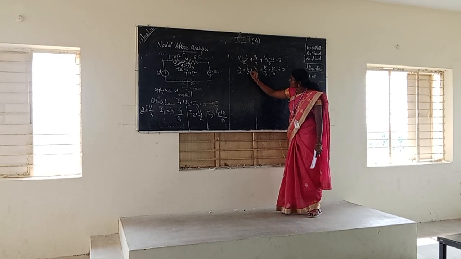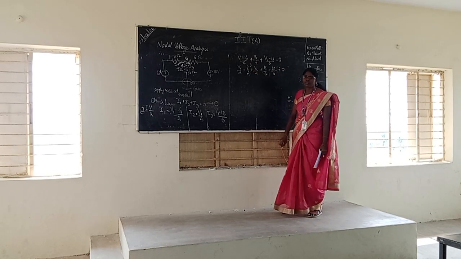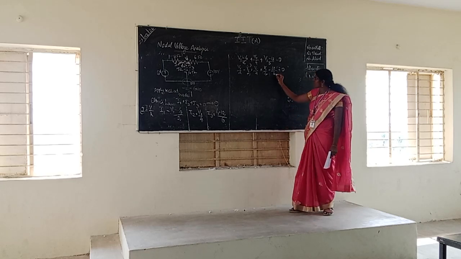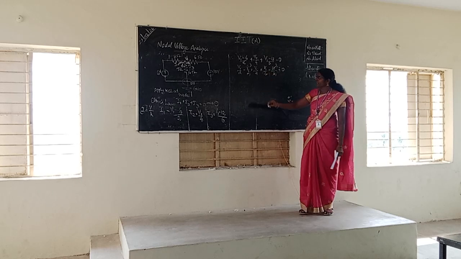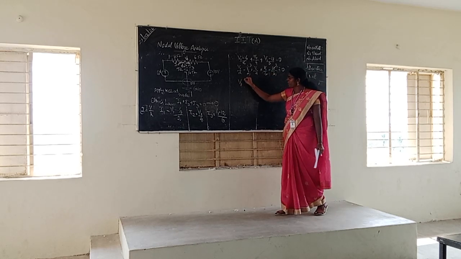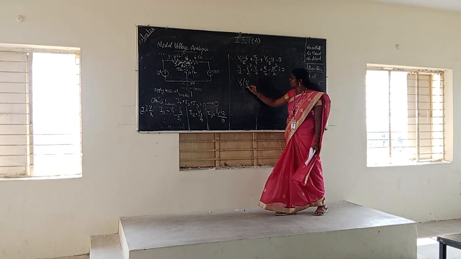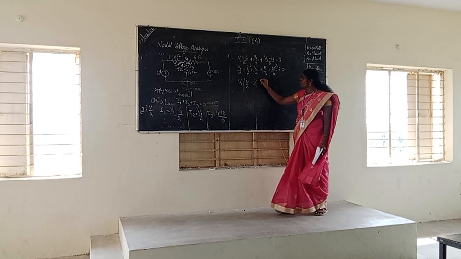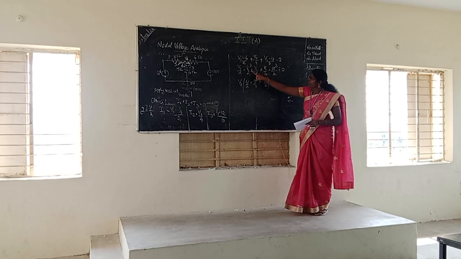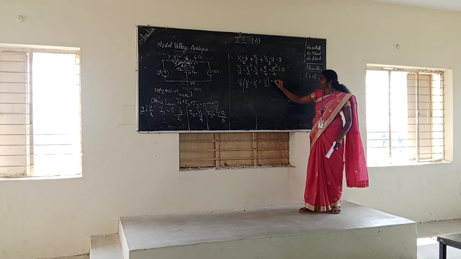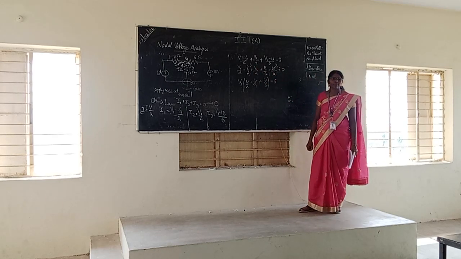What are you going to do? 1, 2, 3. The numerators we are going to cancel, and I can take all the V1 as common. So it is V1 times 1 by 2 plus 1 by 4 plus 1 by 6, and the constants: minus 3 minus 2 will become minus 5.